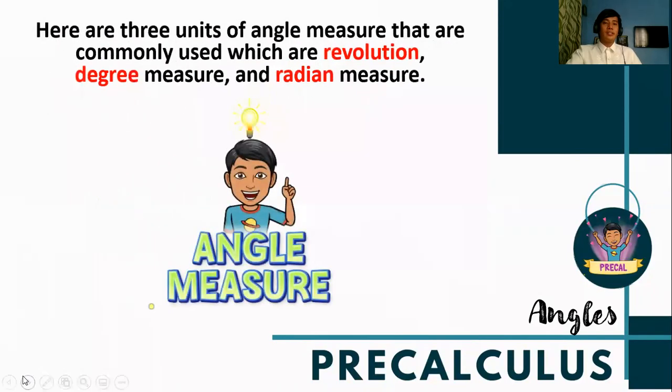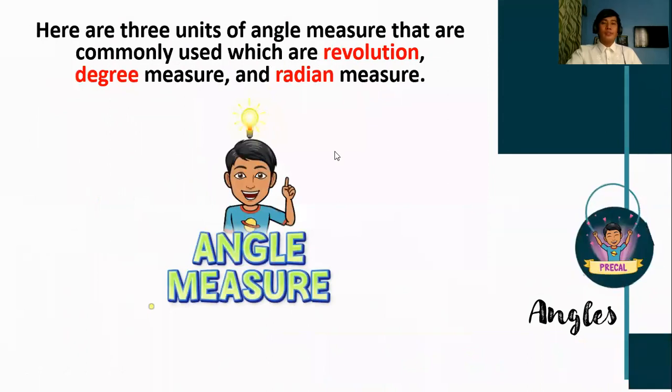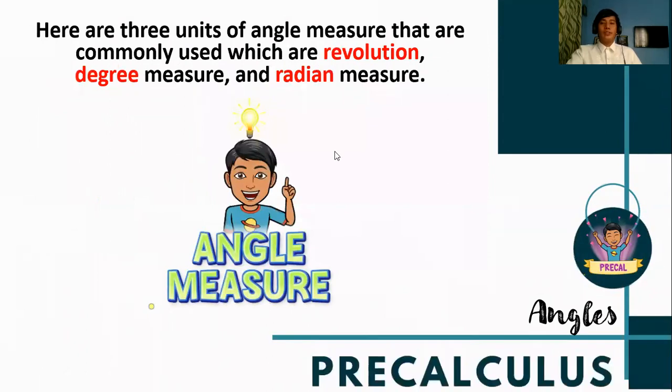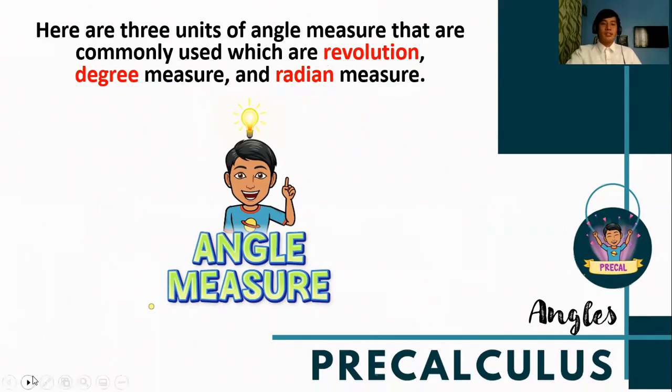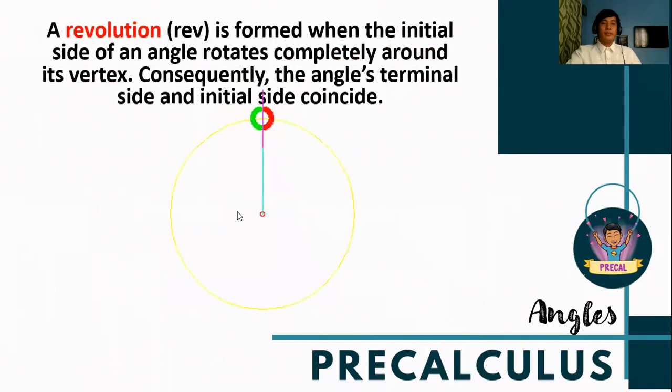Aside from that, there are 3 units of measure for angle measure. So we have the revolution, the degree measure, which you are all familiar with, and the radian measure, which I think were introduced to you during your grade 10 mathematics. I know you are familiar with the radian. So a revolution is like a full rotation.